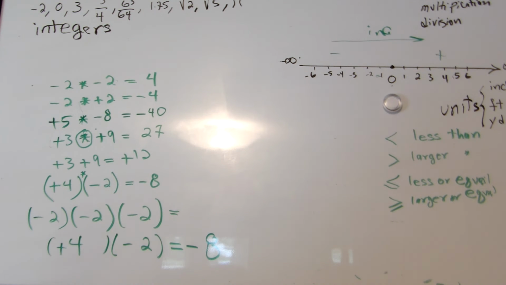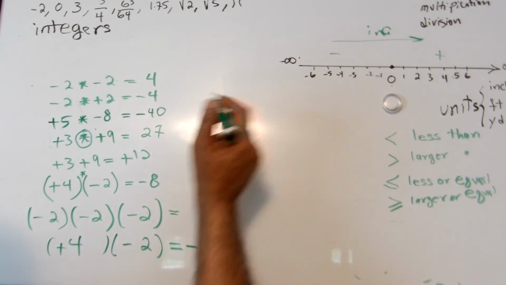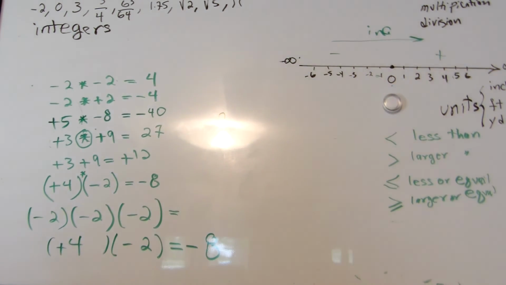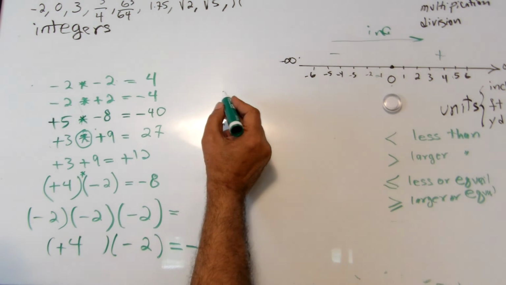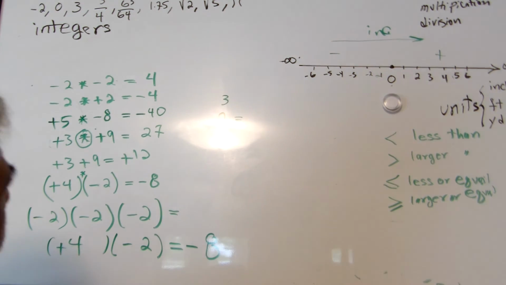Let me show you some other way. This is very important: numbers that have an exponent, like 2 to the power of 3. What does that mean?